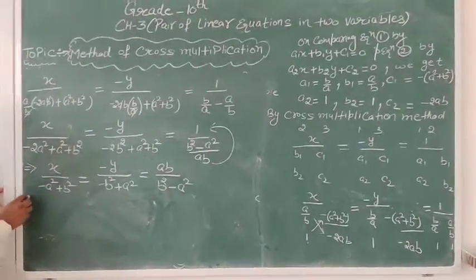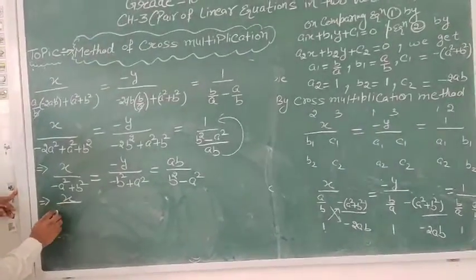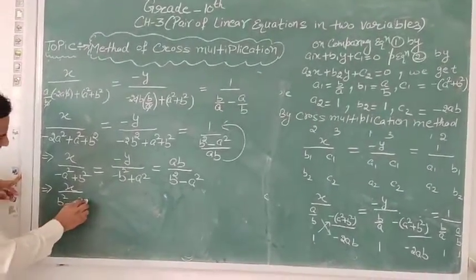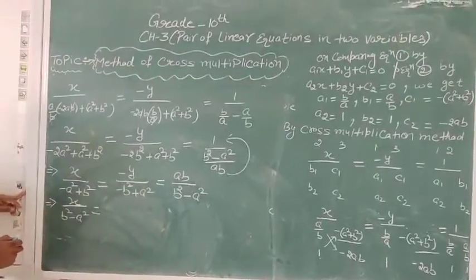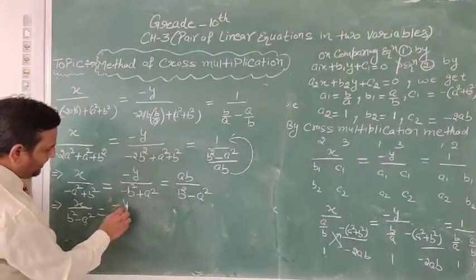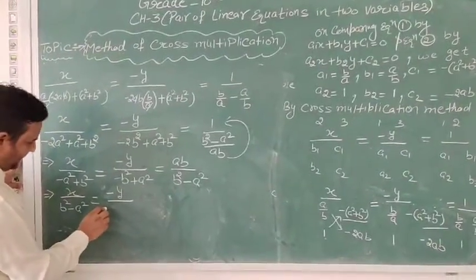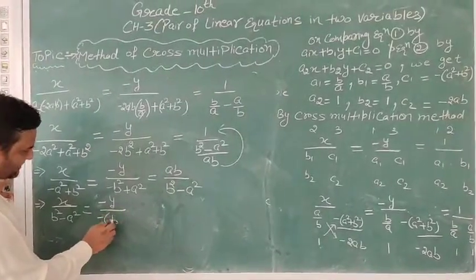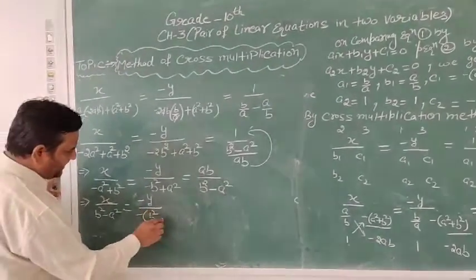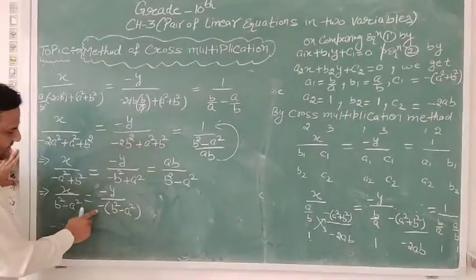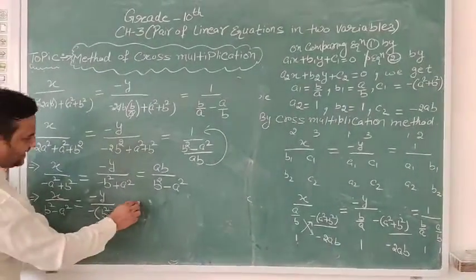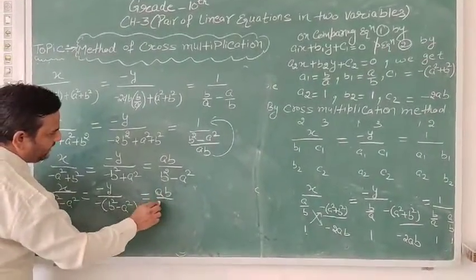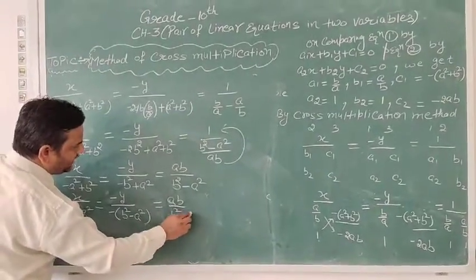So let it be written in proper way, that is what, x upon b square minus a square. Here, not b square minus a square, we try to make it minus y upon, I am taking minus common here. So here is b square, then plus minus minus a square, because negative is outside, minus minus plus. It further equals ab upon b square minus a square.